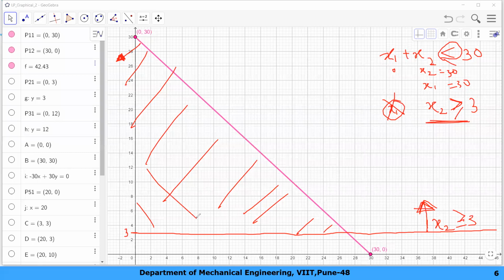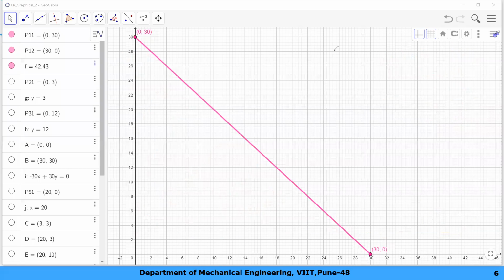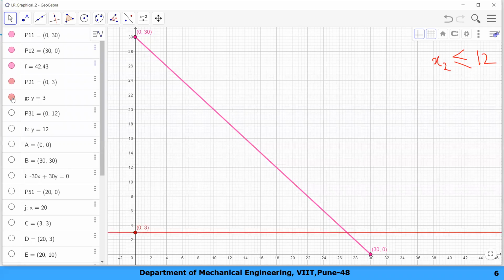Okay, now we will add another constraint, number 3. Constraint number 3 is x2 less than or equal to 12. Okay, so I forgot to activate this. Next is x2 less than or equal to 12.